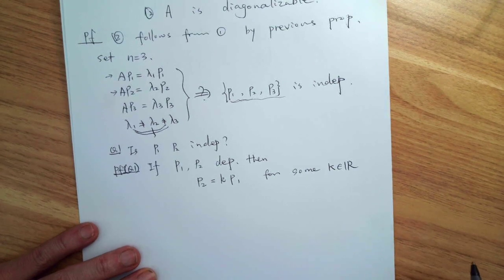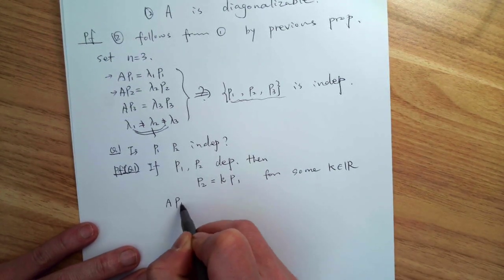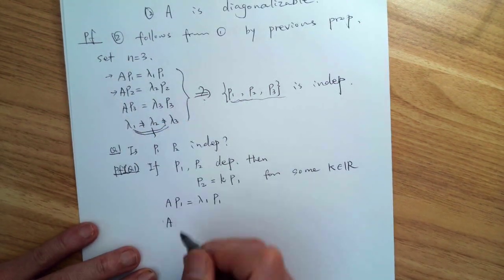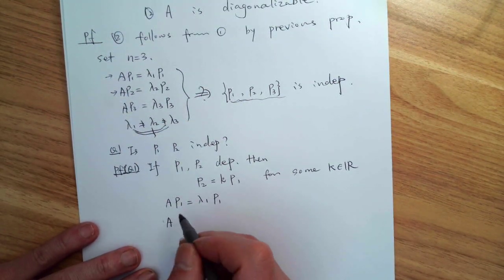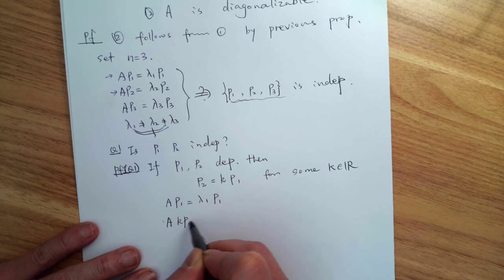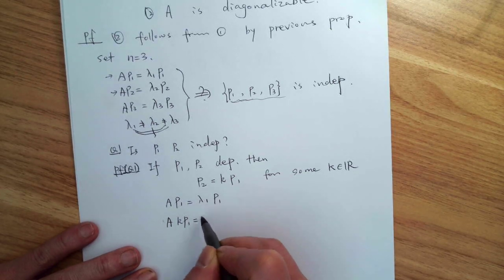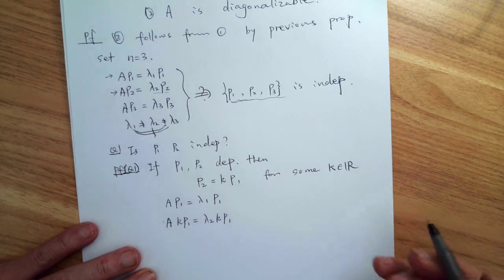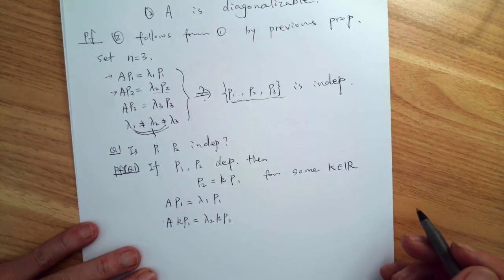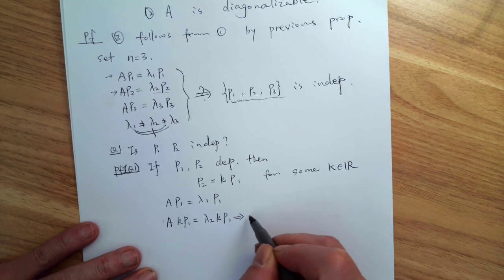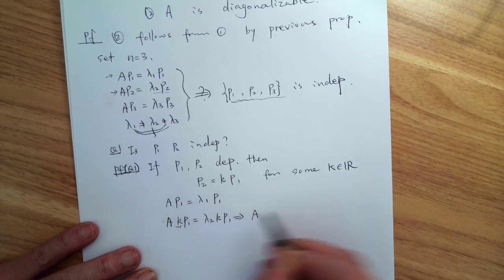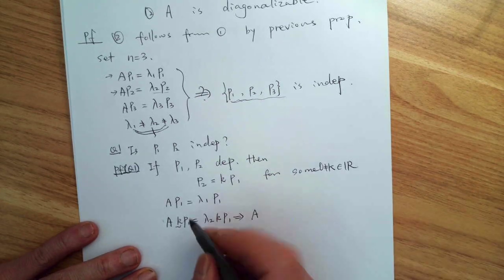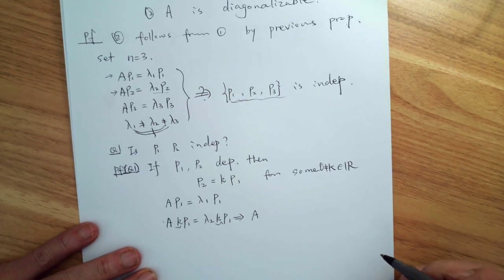Try to find a contradiction. So I put this down, copy paste. But instead of AP2, I will write A K P1 equals lambda 2 P2, which is lambda 2 K P1. Of course, this is reduced, because K is non-zero, so K can be cancelled.